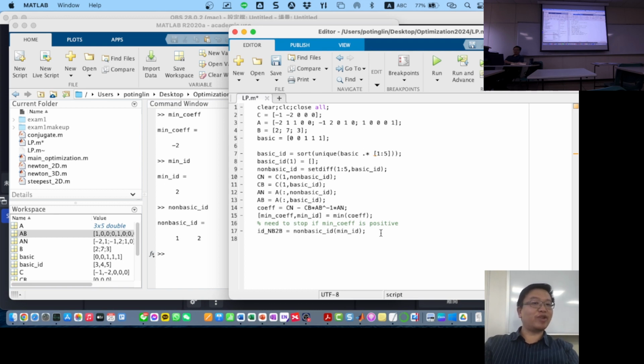We need to do the ratio test. So for the ratio test, we need to compute A hat and B hat. So let's do A hat.